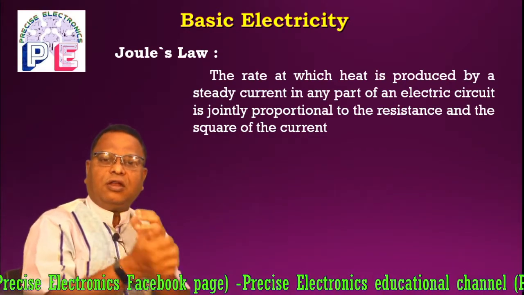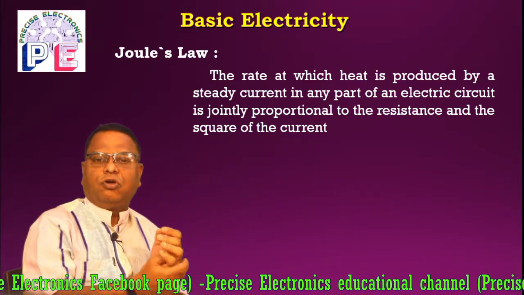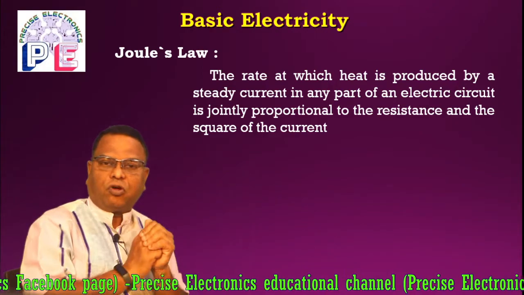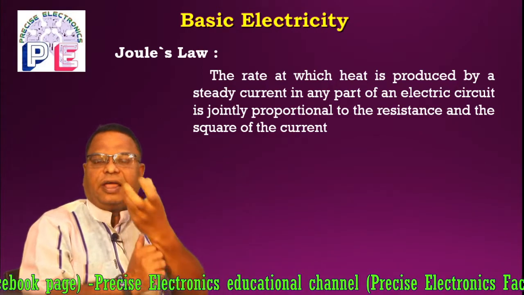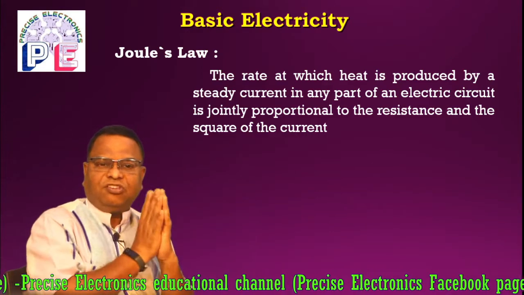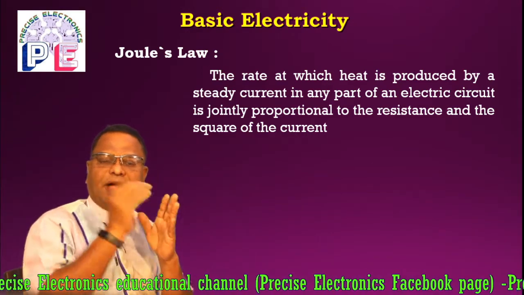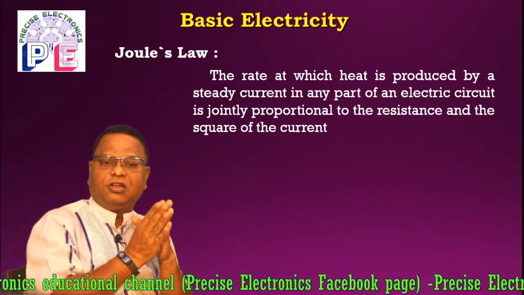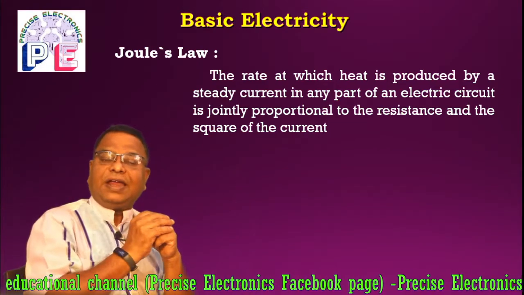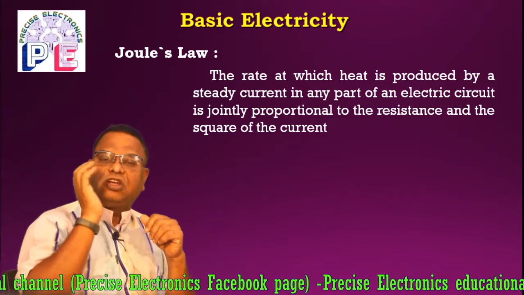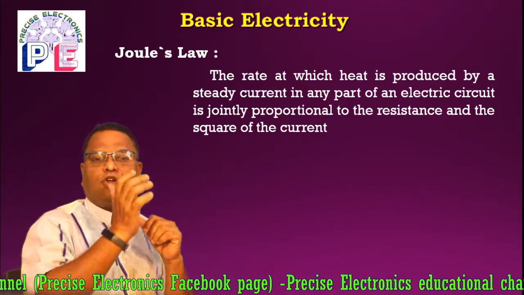That means when power is consumed, or energy is utilized, or any work is performed, the temperature of the system increases. So the rate at which heat is produced by a steady current flowing in any part of an electric system is jointly proportional to the resistance and the square of current.